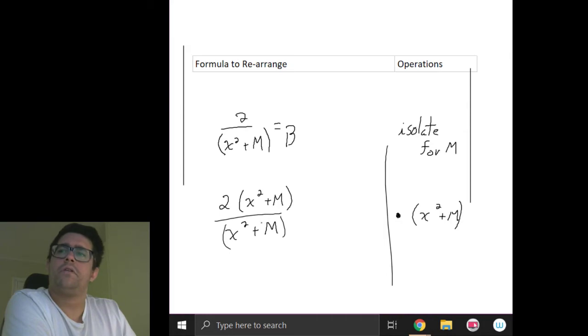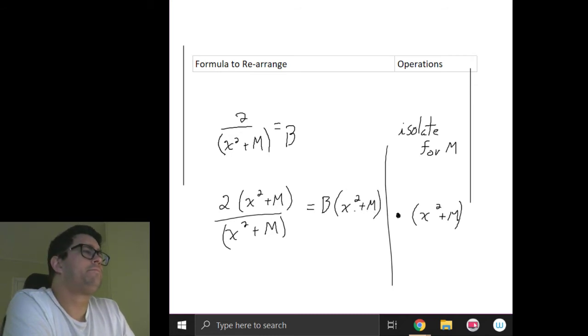So 2 times this thing divided by the same thing is equal to b. All I did was take this top part and multiply this polynomial to them.